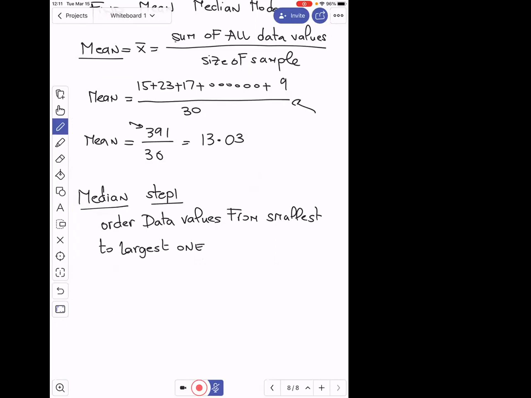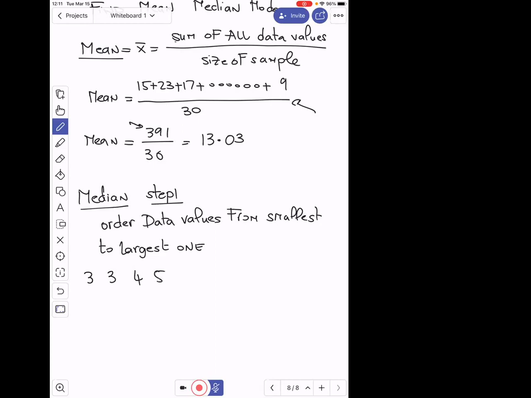The smallest data value here would be 3. We actually have 2 3s. Then there's 4, and then there's 5, only one 5.